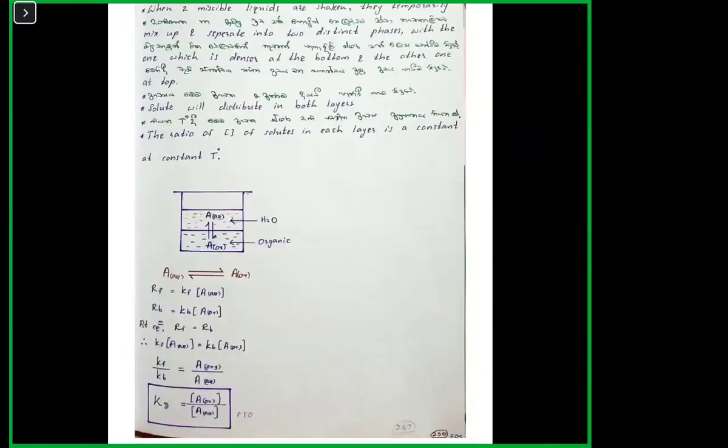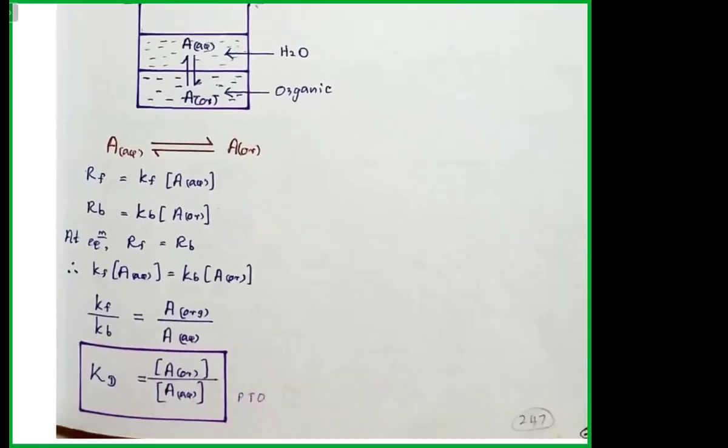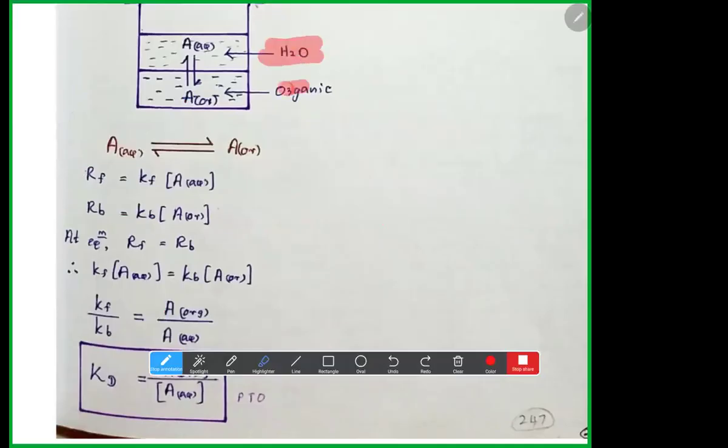Okay. KD is for homogeneous. You have two different liquids. Again, when you see two different liquids, water and let's say carbon tetrachloride, I2 is dissolving in both. Then I2 dissolution in aqueous and I2 dissolution in organic is different. So they're going to have an equilibrium condition here. So same I2, but the medium is different.